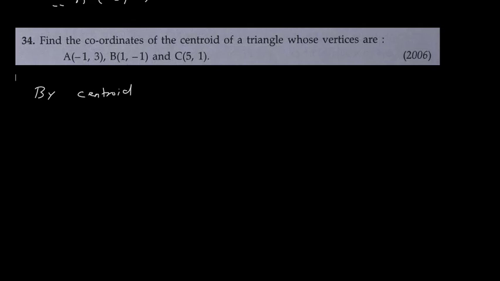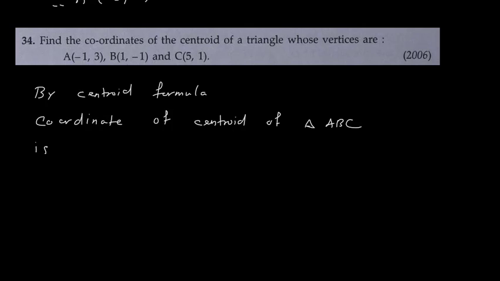Coordinate of centroid of triangle ABC is (x1 plus x2 plus x3) divided by 3, that is (minus 1 plus 1 plus 5) whole divided by 3, comma this.